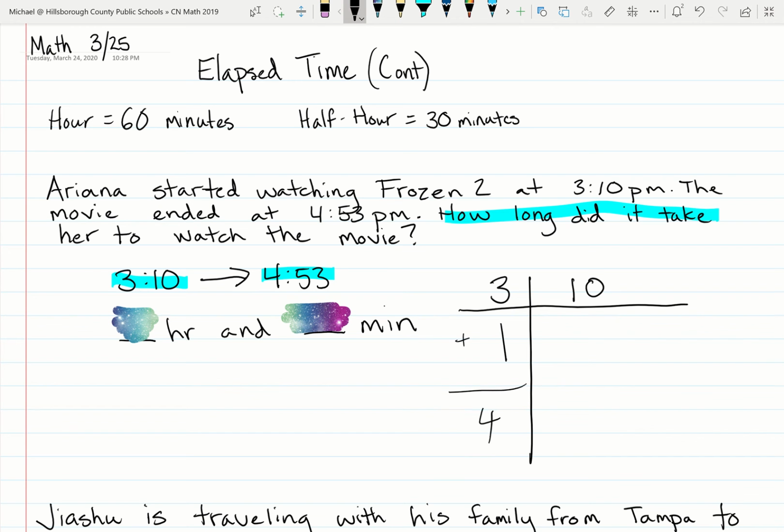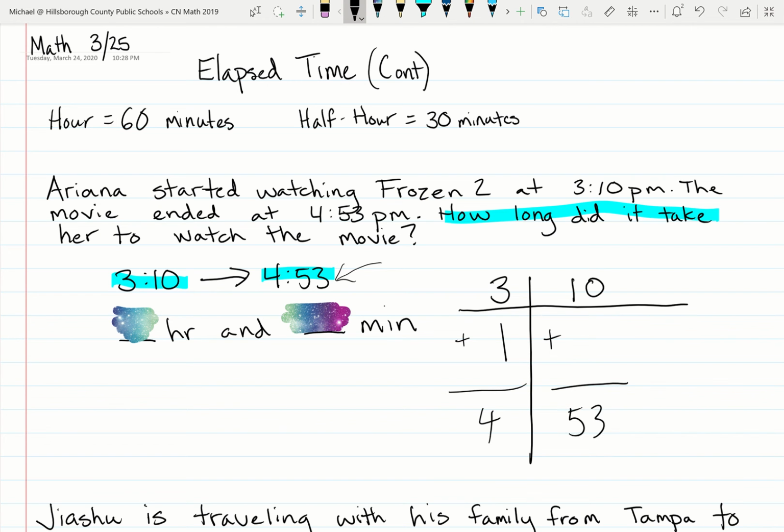Okay? So thinking about the next one, if we're at 10 minutes after 3 o'clock, and we were to get to 53 minutes after 4, what is the difference between those two? What plus 10 is going to give us 53?